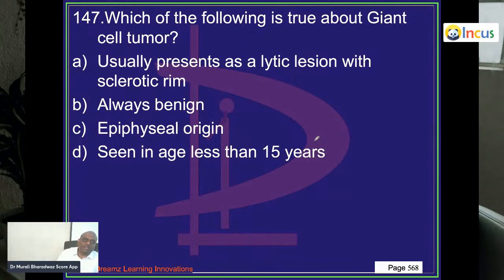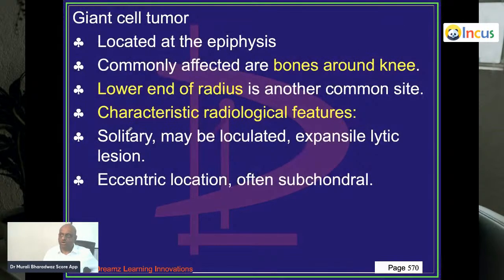Giant cell tumor, what is the other name for that? Osteoclastoma. So it is a lytic lesion. It is of epiphyseal origin.